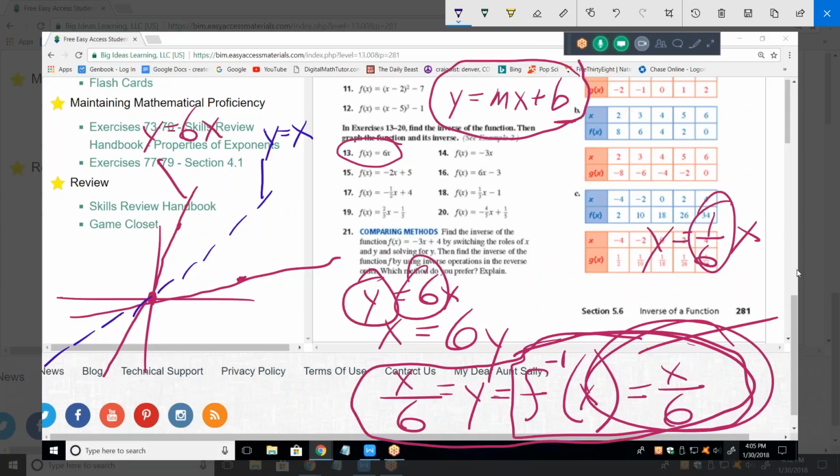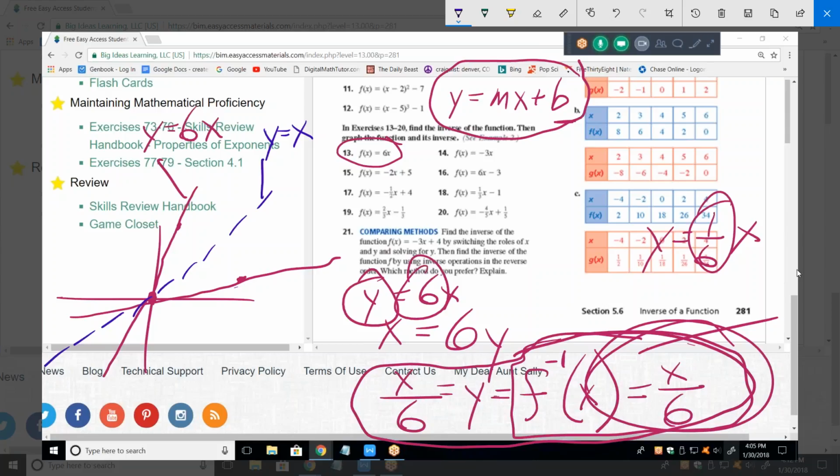All inverses are reflections about the line y equals x. It's an invisible line, but this lower right red line is the reflection of the first red line about that blue line. Do you see that? And that's the case with all inverses by definition.